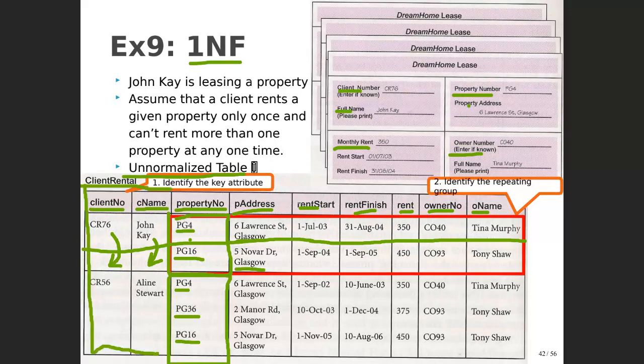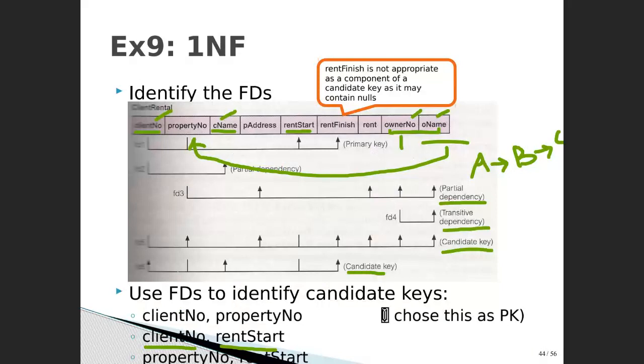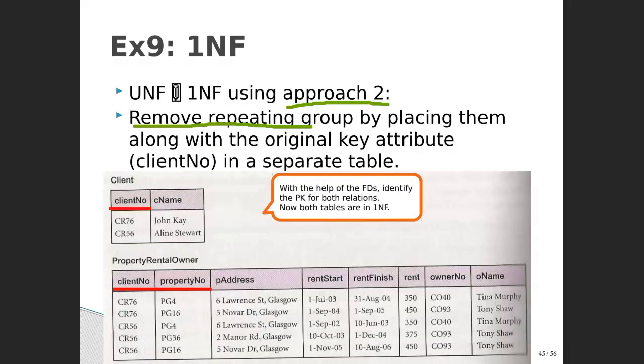So we put it in a separate relation using the second approach. We remove the repeating group and put it in a separate relation. So we have removed the property here. See, the relations will become 2. We separated the client number, and we put it with a primary key.